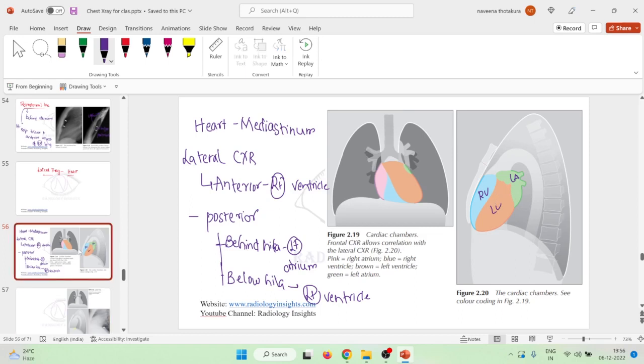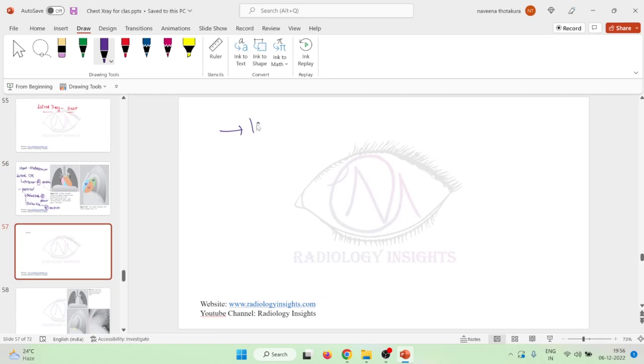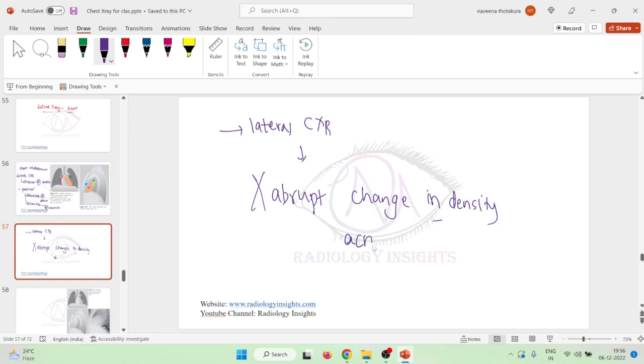And one important thing which you have to see is that in the lateral chest X-ray, the heart should be homogeneous. There should be no abrupt change in density across the shadow of the heart. So this is one important thing.